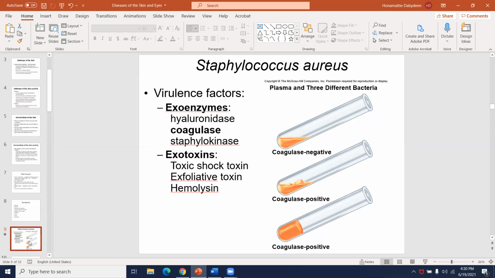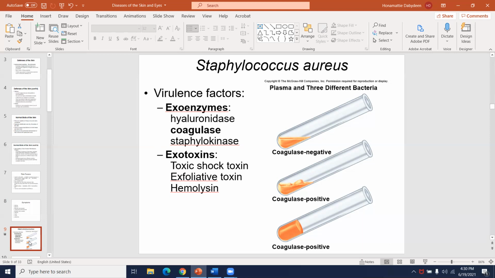You remember Staph aureus from the lab. You know a little bit about it. They are gram-positive cocci in clusters. They're generally non-motile. They are halophilic organisms, meaning they can withstand the salt concentration we were talking about earlier that you find in sweat.